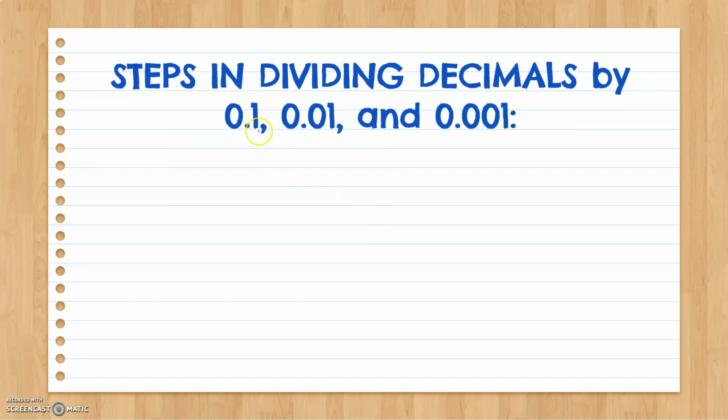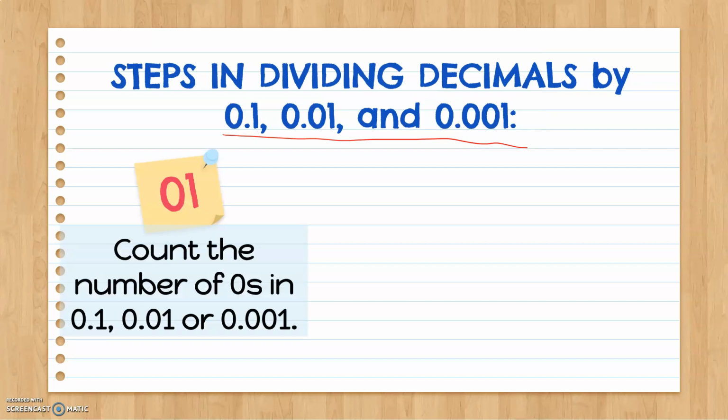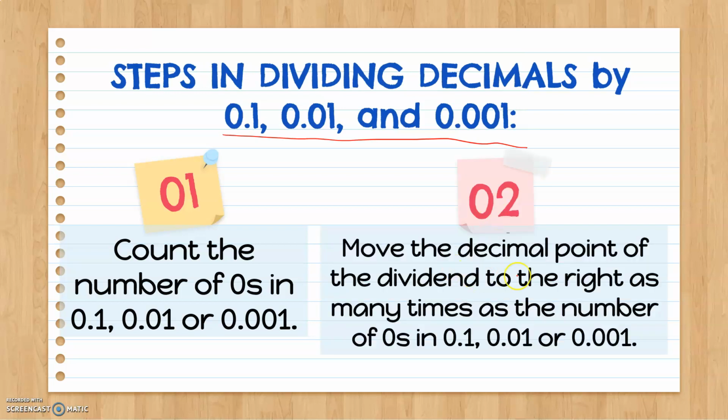Okay, kindly take note of these divisors. In dividing decimal numbers by these divisors, we'll count the number of zeros in 0.1, 0.01, or 0.001. Afterwards, we'll move the decimal point of the dividend to the right as many times as the number of zeros in these divisors.